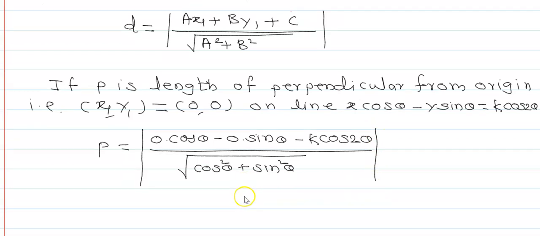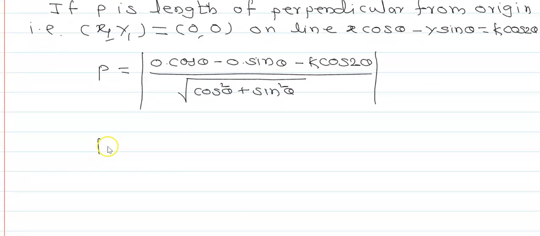Okay, if you substitute, then here you will get p is equal to minus k cos of 2 theta.